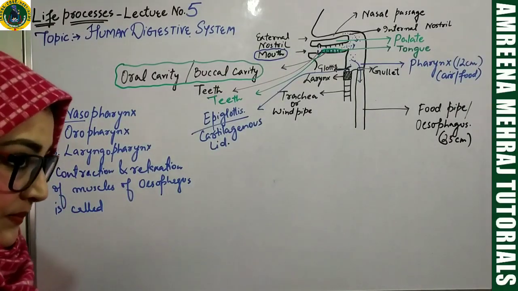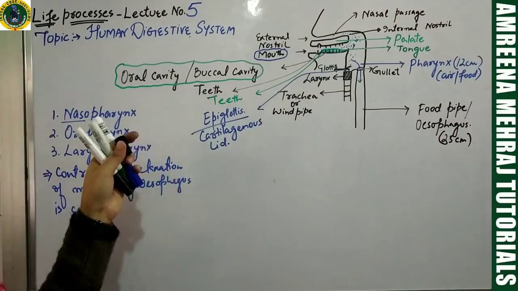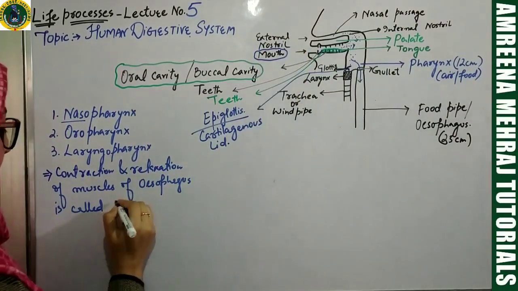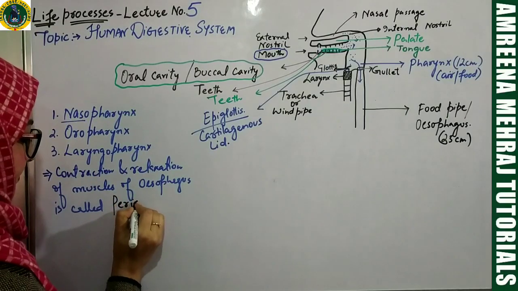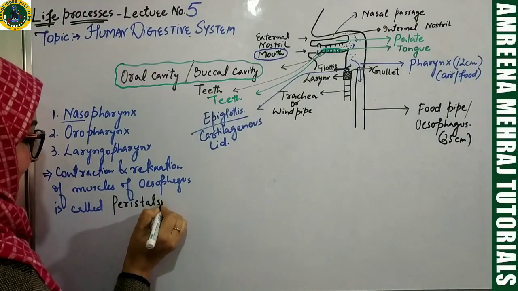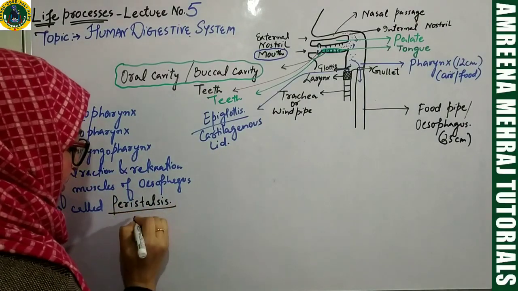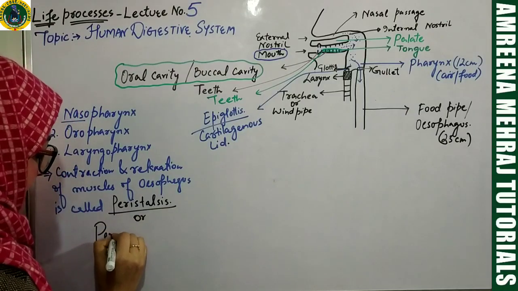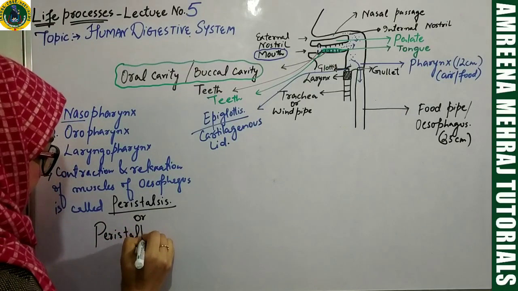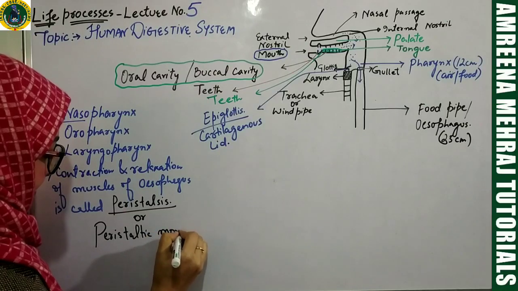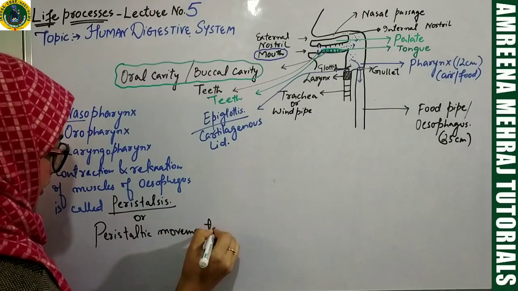This rhythmic contraction and relaxation of the muscles of the esophagus is called peristalsis, or you can call that peristaltic, what do you call this?